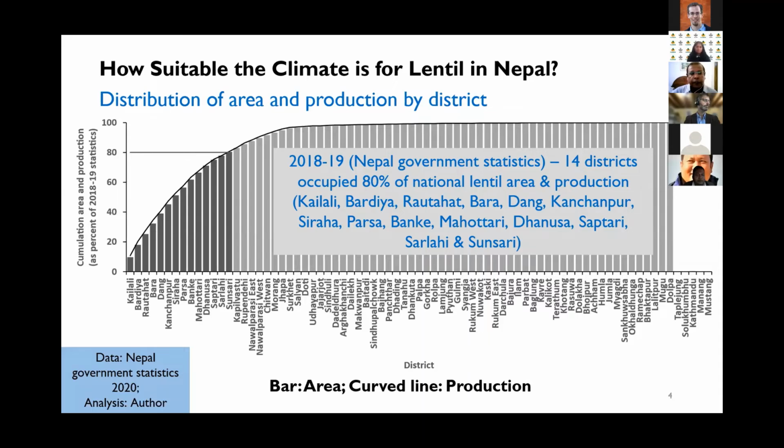If we look at the statistics of area coverage shown in bar graphs and production achievement shown in the curved line, we note that 14 districts occupied around 80% of national lentil area and production. So we can infer from here that climate, in addition to soil and crop preference issues, is relatively advantageous for lentil cropping in those 14 districts.